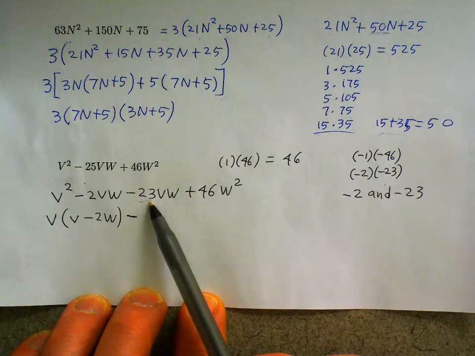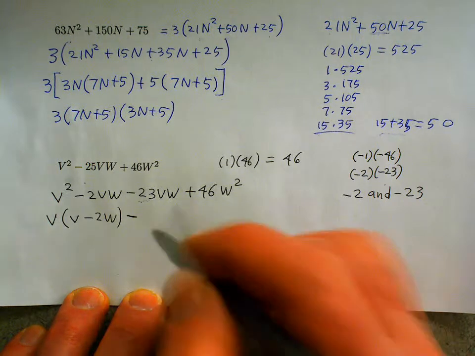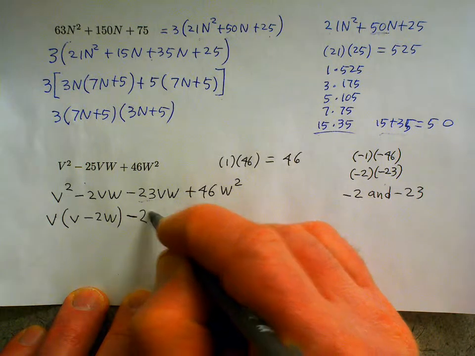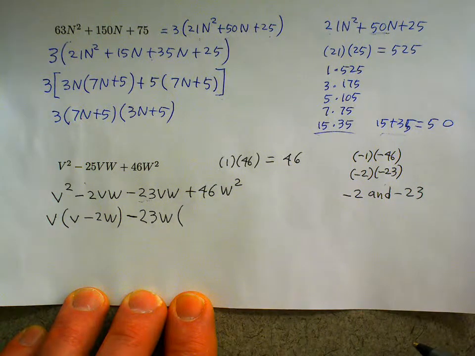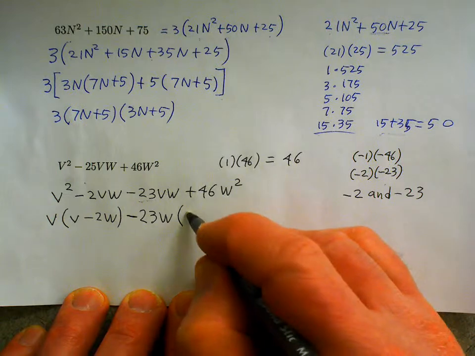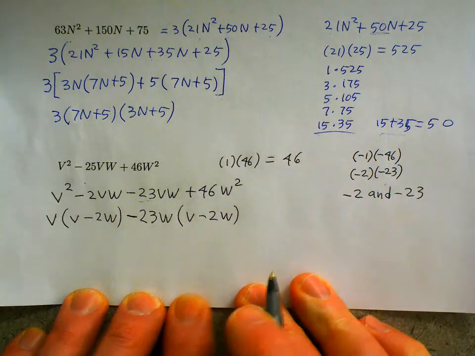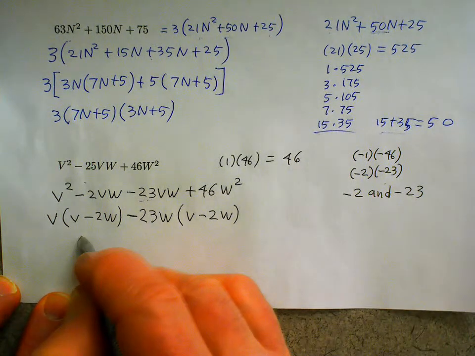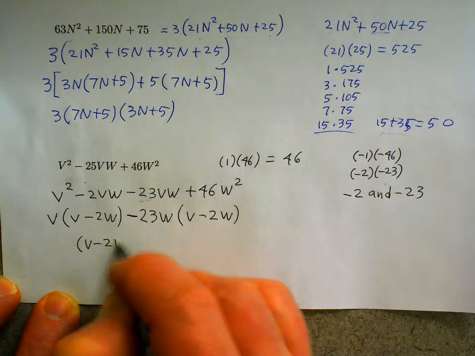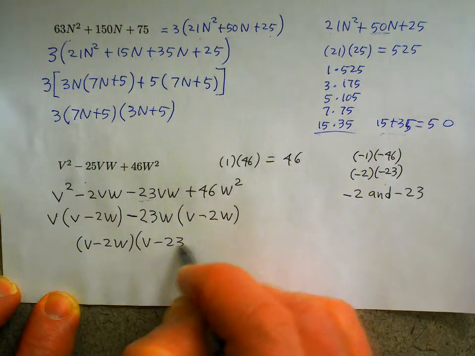So 23 is a factor, and so is w. So we're going to factor out negative 23w. And we're left with v minus 2w. And the complete factorization is v minus 2w times v minus 23w.